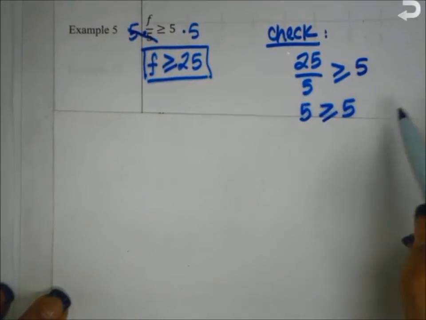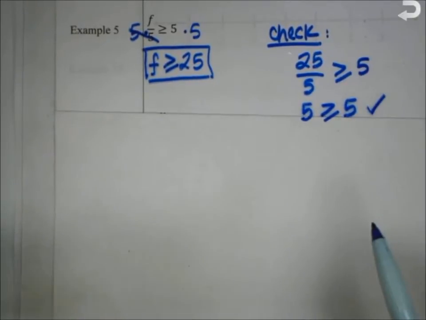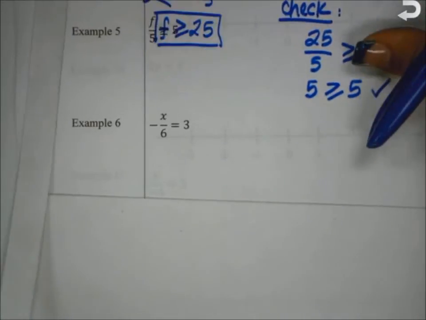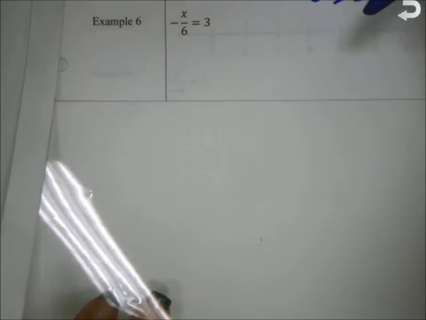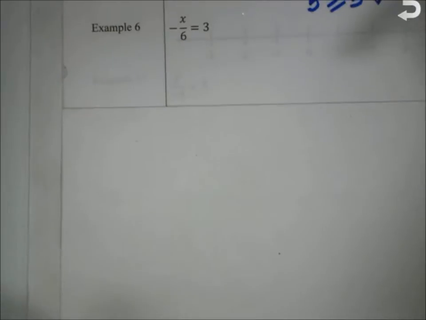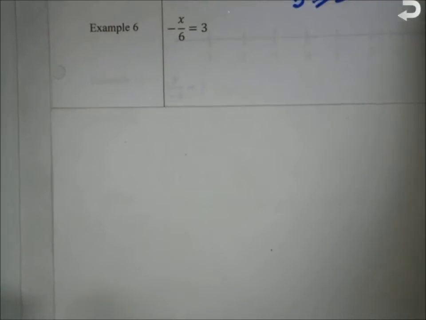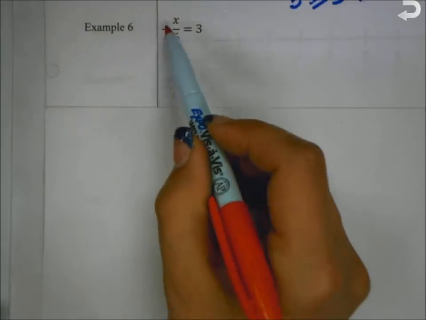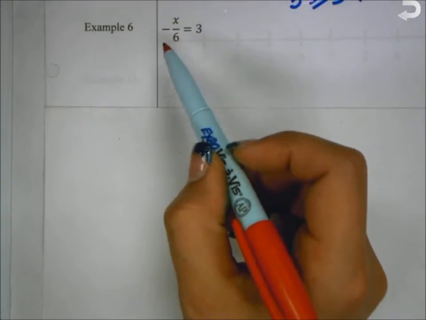All right, example 6. Uh-oh, this time we have a negative. Negative x over 6 equals positive 3. If I have negative x over 6, the negative is on the outside, does it matter where my negative goes, the top or the bottom? No. It does not matter.